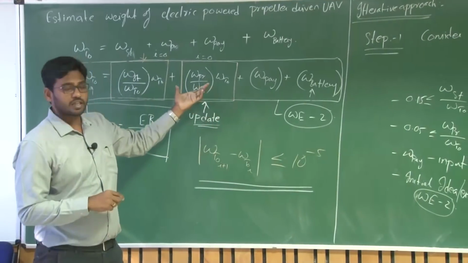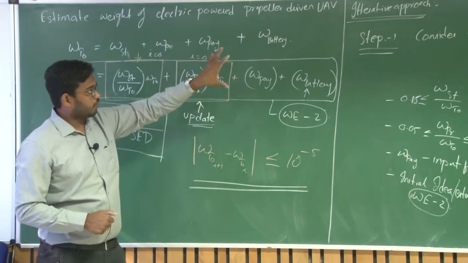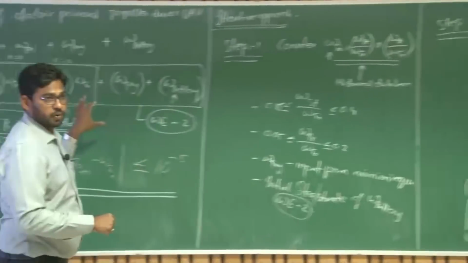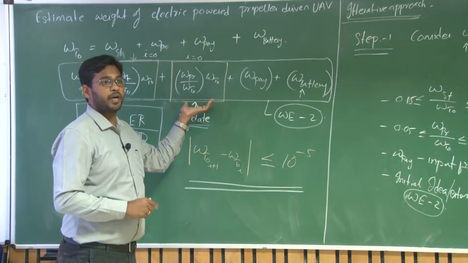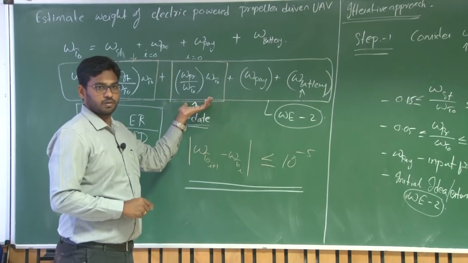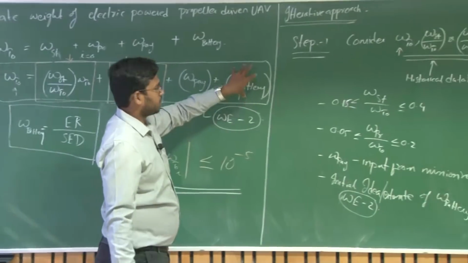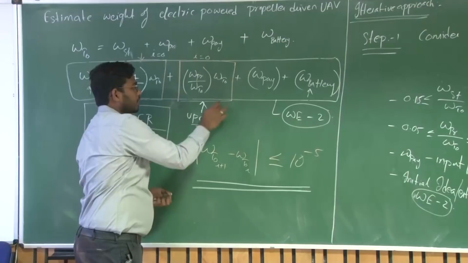While selecting this power plant, the only care that you need to take is that the maximum power required should be delivered by the power plant at 50 to 60% of its operating power, right? That will help you even if the battery weight again changes, because once you select that power plant, this particular term is updated.